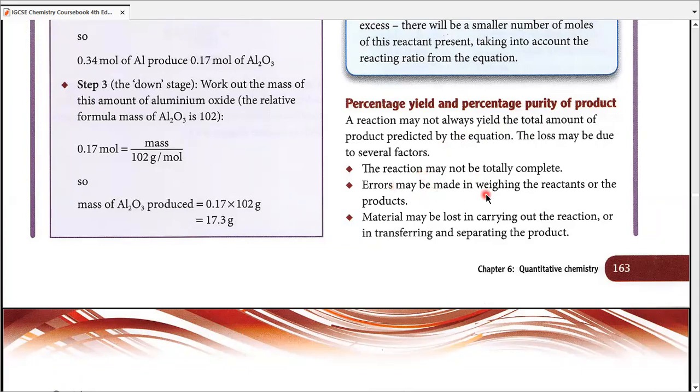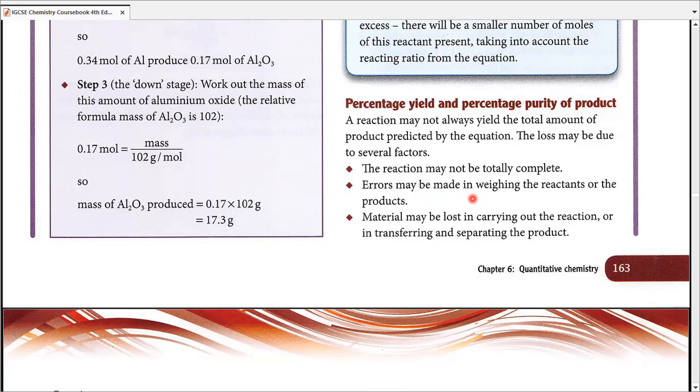Now, there may be errors in weighing the reactants or products. Errors are human. Humans make errors. Some errors are made intentionally, and some are unintentional. There are some errors associated with specific steps or processes such as centrifugation or filtration or crystallization or distillation, which are bound to have certain differences.